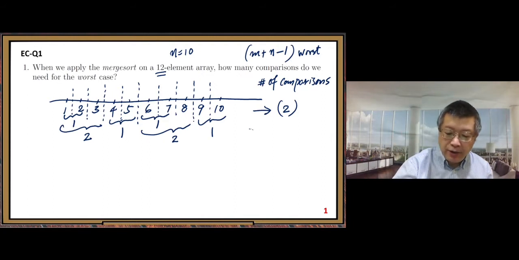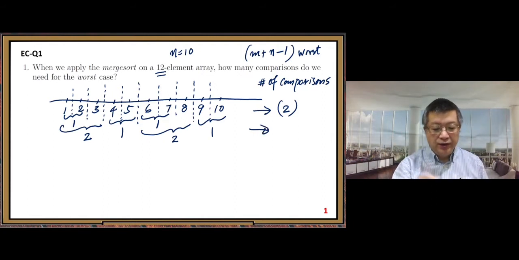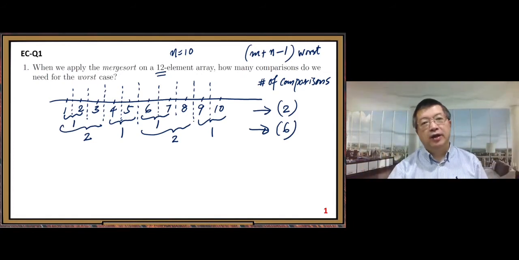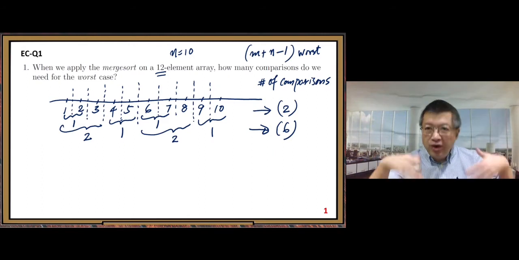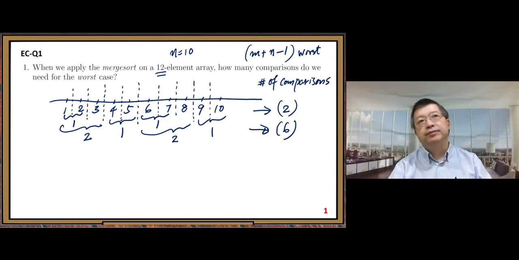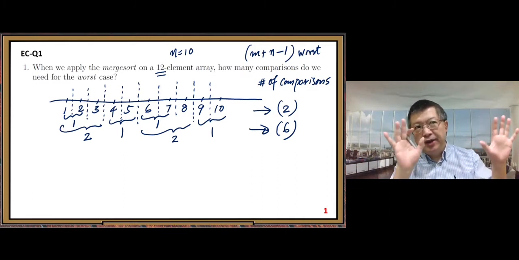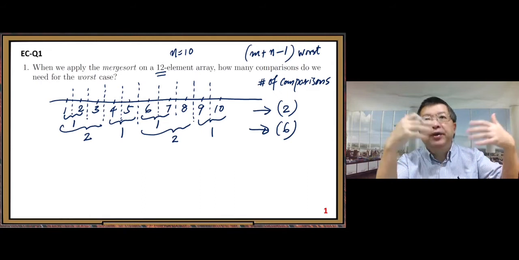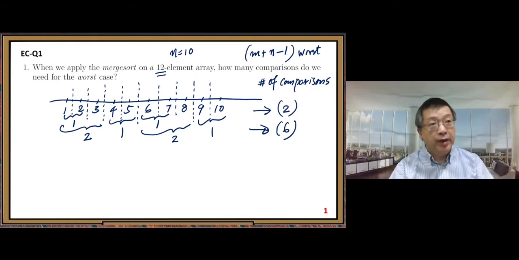Let us look at the total number of comparisons: 2, 1, 2, 1, 6, right? 6. Then we recover to the previous one, exactly the previous state. In this way, we try to make the whole procedure organized in a natural way.